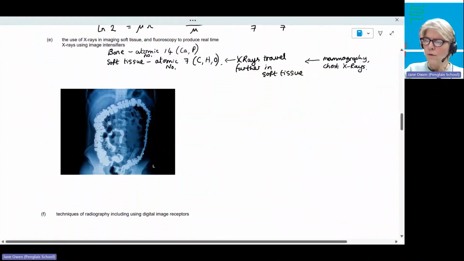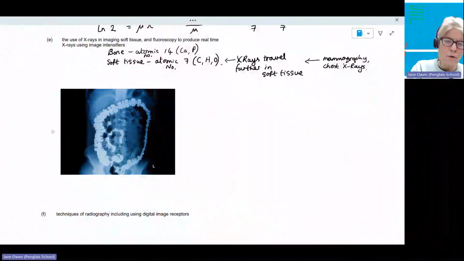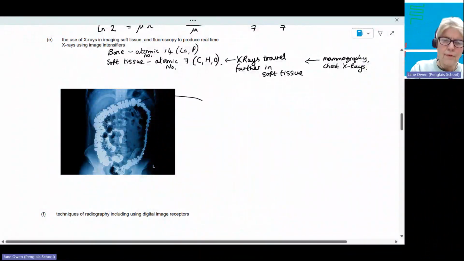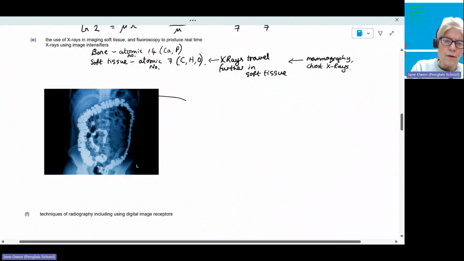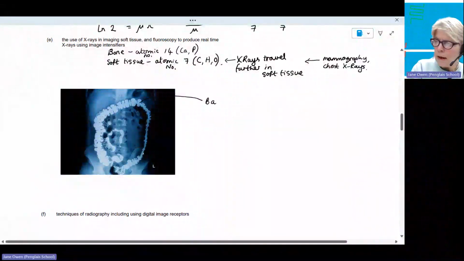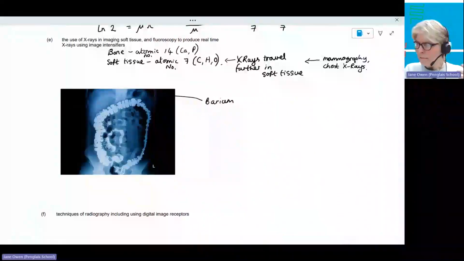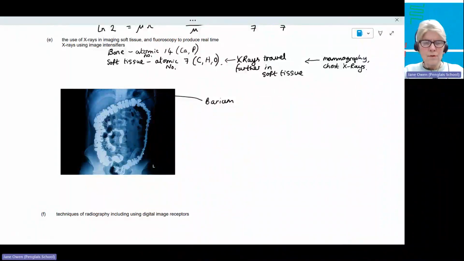So we use fluoroscopy, where we have what we call a contrast media. In this case here, we are using a barium meal. Barium has a very high atomic number. We can also use iodine, but for digestive systems, we use barium.